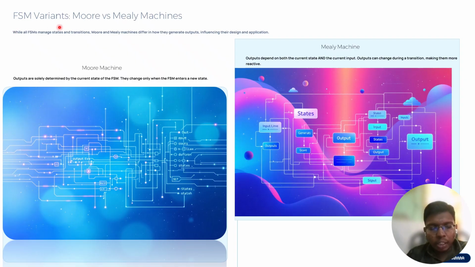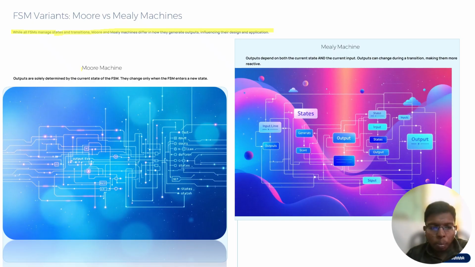Finite state machine varieties: Moore versus Mealy machines. While all FSMs manage states and transitions, Moore and Mealy machines differ in how they generate output, influencing their design and applications.